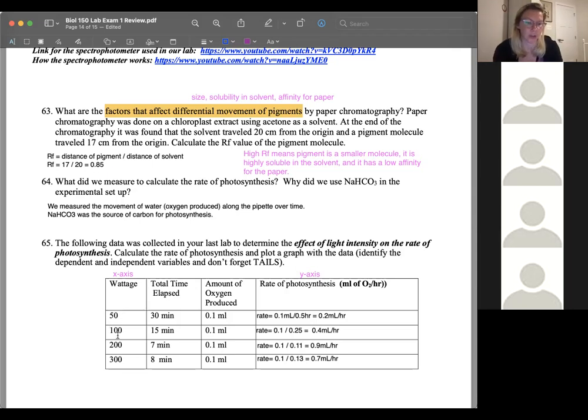We only looked at 50 and 100, but between 50 and 100 there's a 51 wattage, there's 52 wattage, there's 52.35 wattage, so there's an infinite number of possible wattages between these values that we have chosen. So once again, our independent variable is both quantitative and continuous.